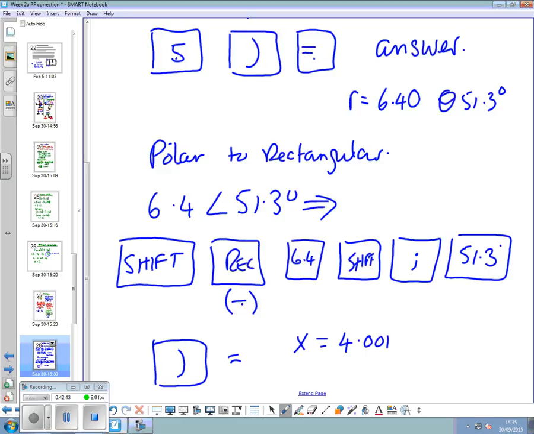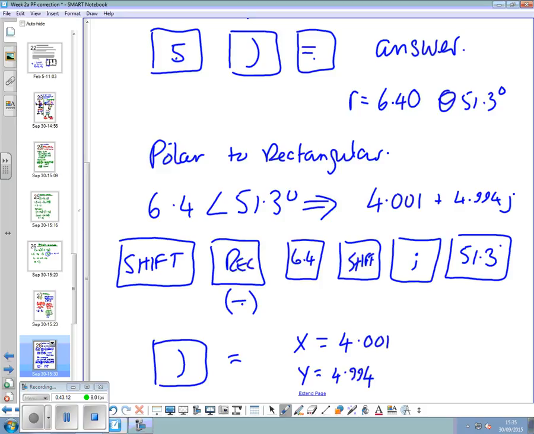4.001. You can see where the error is, in the fact that we rounded the numbers when we converted the other way. And y equals 4.994. So that comes to 4.001 plus 4.994j.